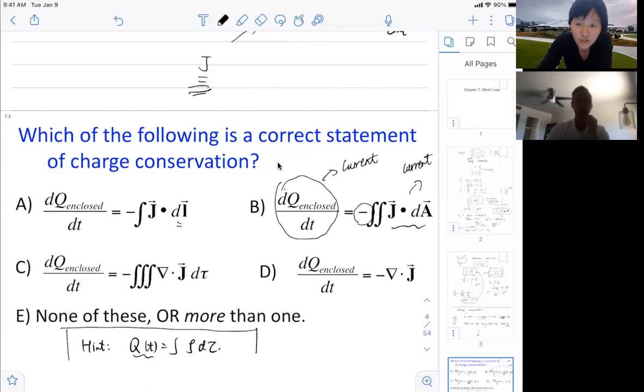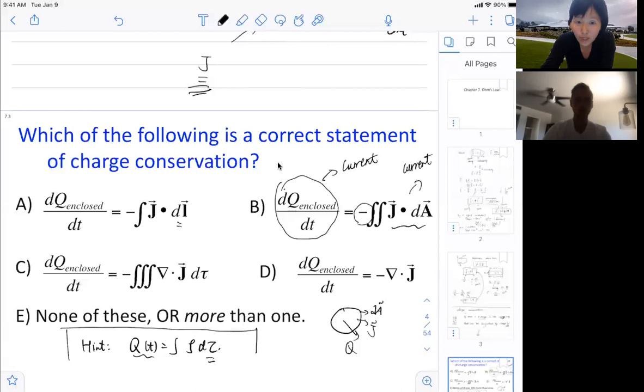The surface vector is pointing outward, right? So if we're enclosing this volume, within this volume we're evaluating the charge. dA is pointing outward, as you said, and if J is also outward, that's saying we have current flowing out of the volume.